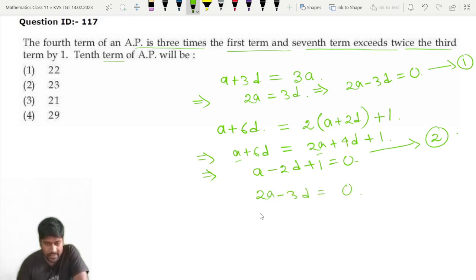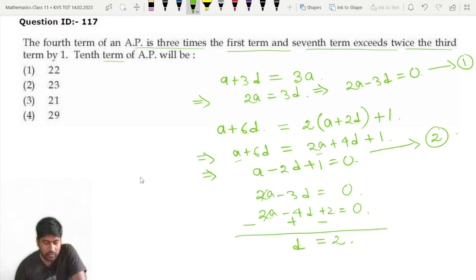Second equation multiply by 2, so 2a minus 4d plus 2 is equal to 0. Just subtract, then 2a will be cancelled, we will get d is equal to 2. From the first equation, if d is equal to 2, then 2a is equal to 3 into 2, so a is equal to 3.